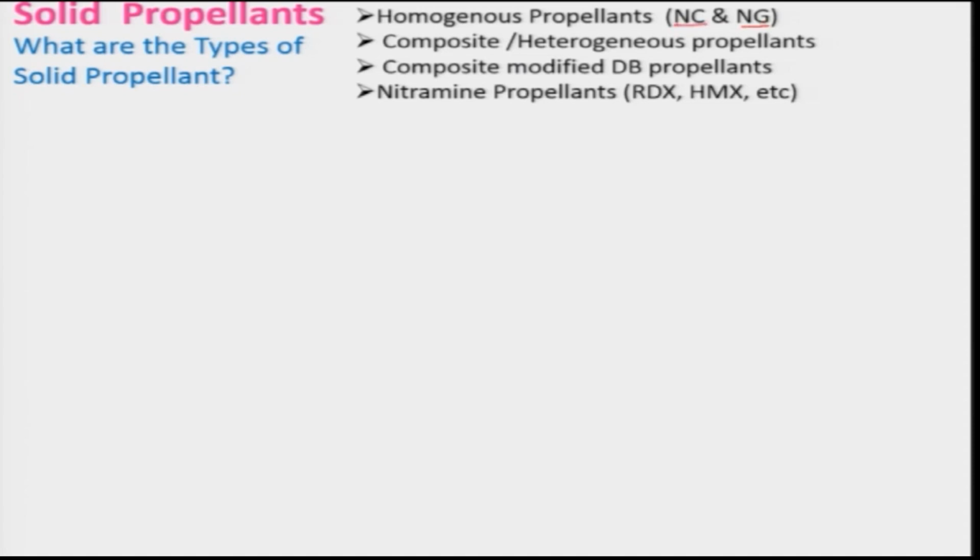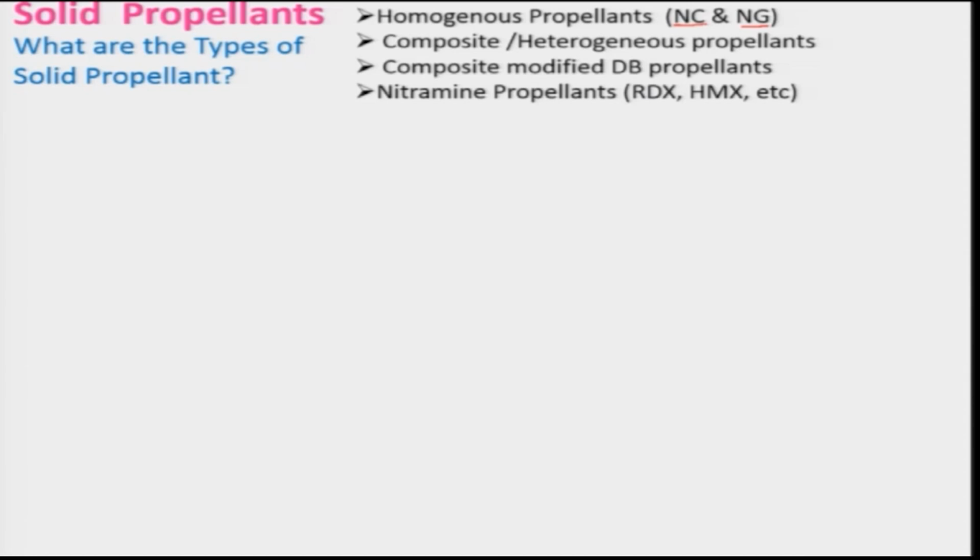Besides this, there is the composite modified double base propellant, where the double base propellant is modified by adding a composite or heterogeneous propellant. You can combine homogeneous and heterogeneous together, and we get a new propellant called composite modified double base propellant.